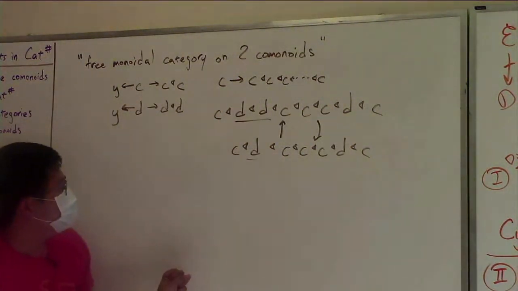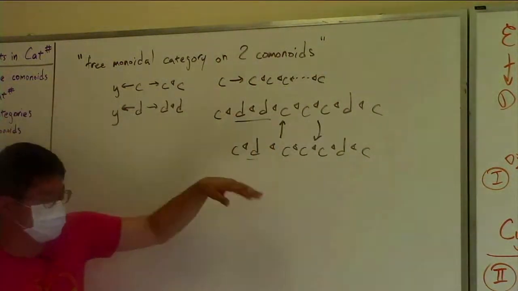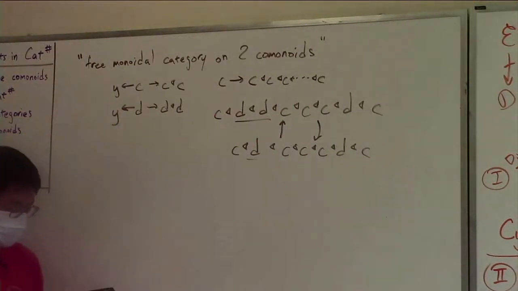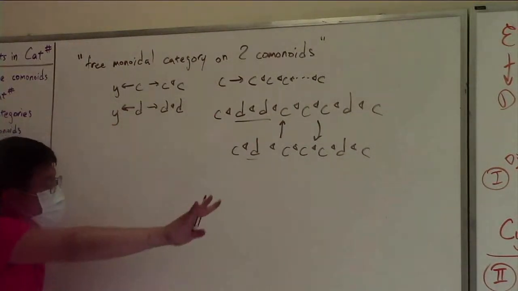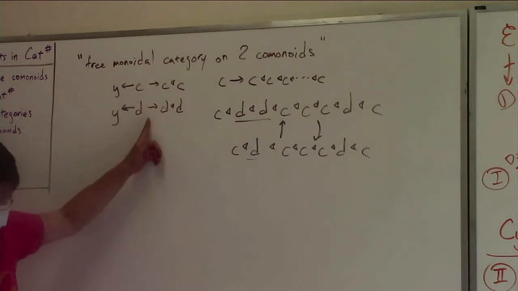And in fact, going one way and then the other should be the identity, because that's one of the comonoid laws. And we just have a bunch of objects like this, a bunch of morphisms just generated by these comonoid counits and comultiplications.